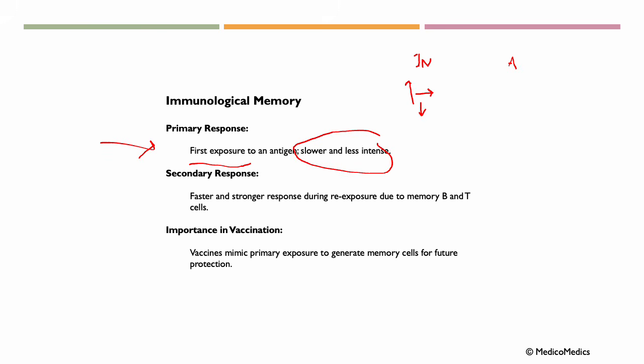However, our adaptive immunity, by its first exposure, is slower, can be delayed up to days, but it will then generate specific responses and with the use of memory cells, remembering the exposure. And when then confronted with a re-exposure, we will have a secondary response, which is much faster and stronger due to these memory B cells and our T cells. This concept is also very important in vaccination because vaccines mimic primary exposure to generate memory cells for future protection.